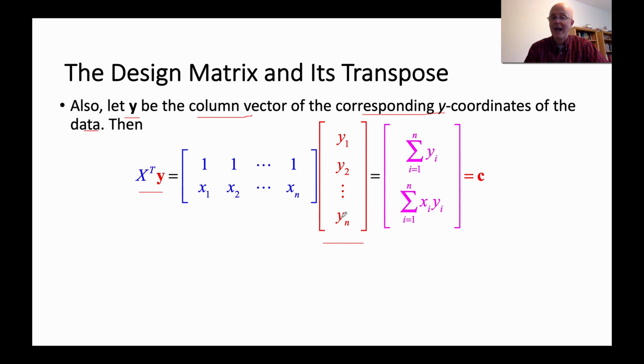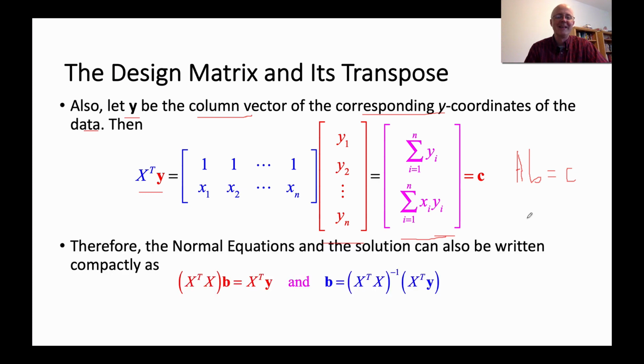The n's match, we can do this multiplication, and we're going to get a 2 by 1 matrix, a column vector, that is the right-hand side of the equation that I had before, capital A times B equals C. That was the equation that I had on that slide before. And so we can write the normal equations in this way. This is the same as capital A right there, X transpose times X. This is B, and this is the same as C.